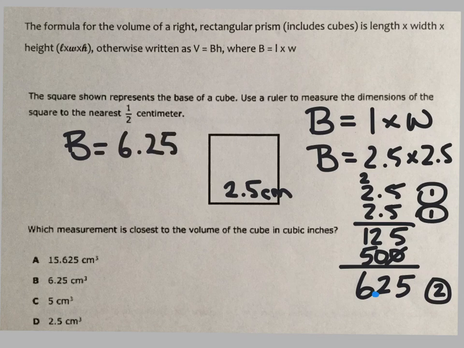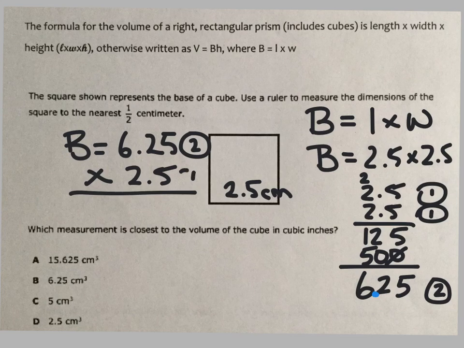Now, the volume is big B times H. What was the height of this cube? Well, the height, since it's a cube, is the same 2.5. 2.5 times 6.25 will give me the volume of the cube. 6.25 times the height of 2.5, 2 digits to the right of the decimal, 1 digit to the right of the decimal.